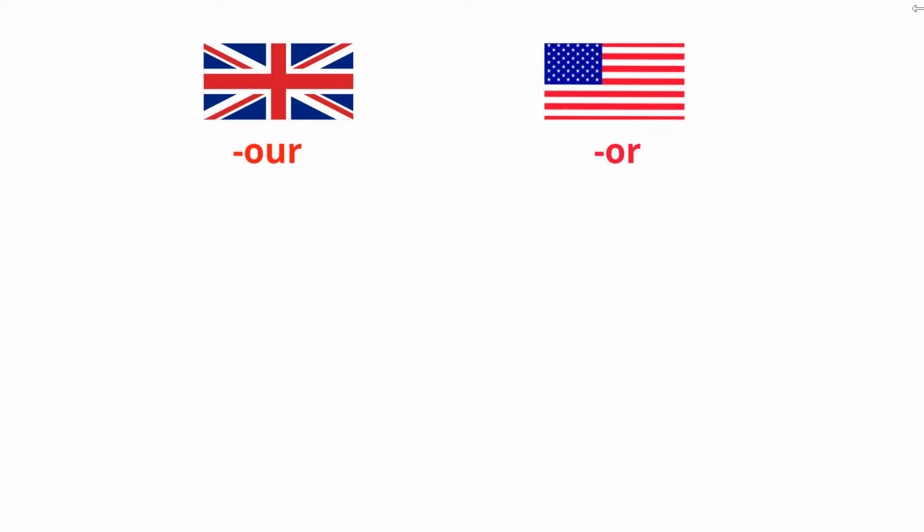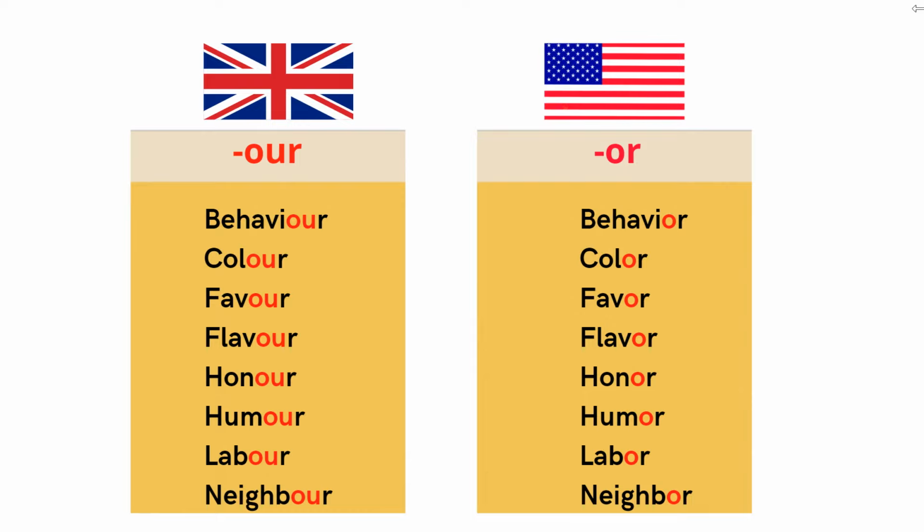Words ending in OUR in British English have been changed to OR in American English, as you can see in these examples. Behavior, color, favor, flavor, honor, humor, labor, neighbor, etc.